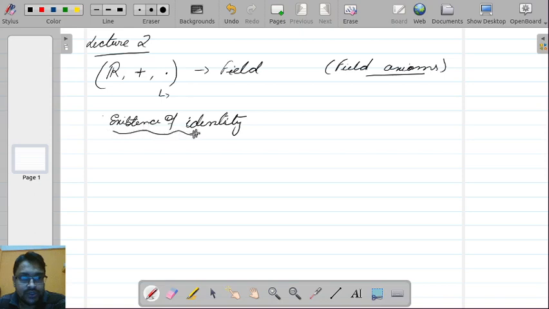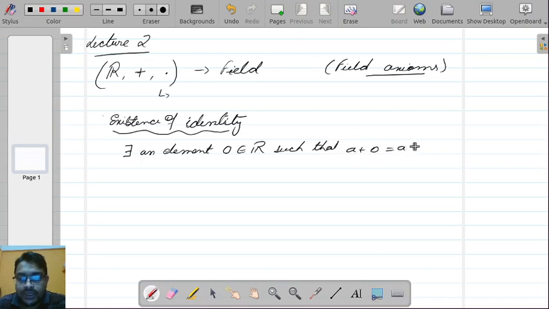We listed this property as: there exists an element, which we denote by 0, in R, such that a plus 0 is always equal to a, which is equal to 0 plus a, and this happens for every a inside the set of real numbers. This was the property that we had listed about existence of identity.